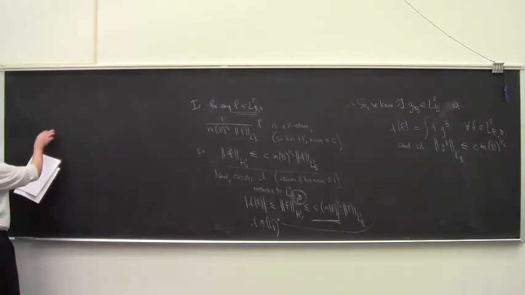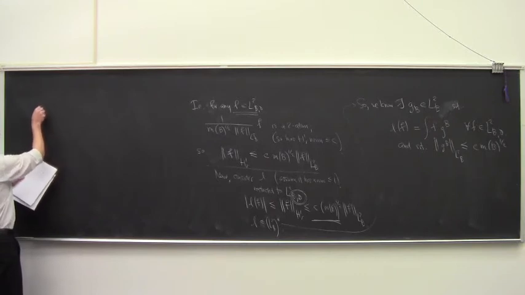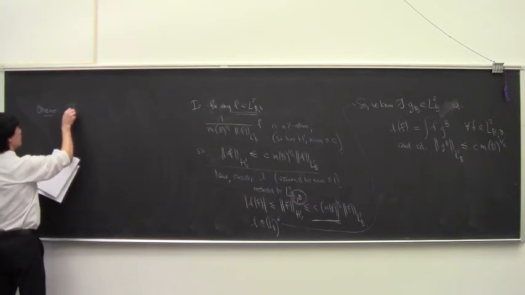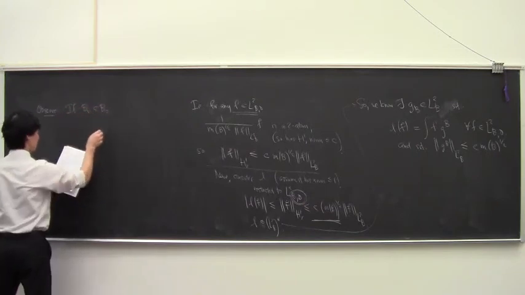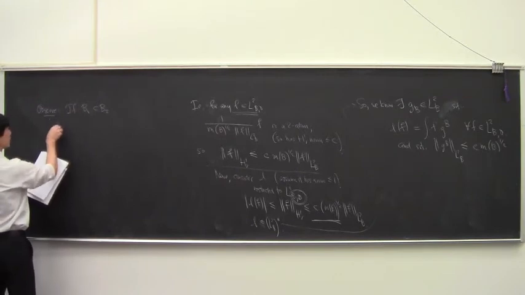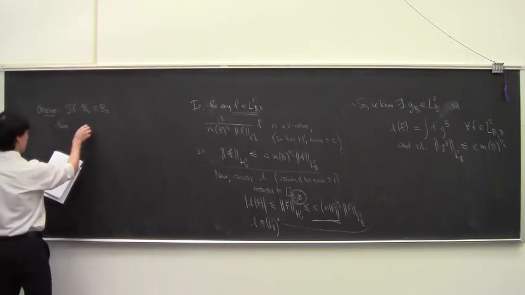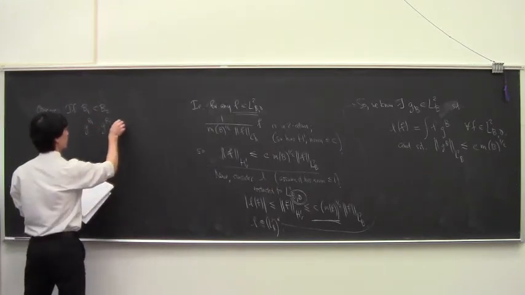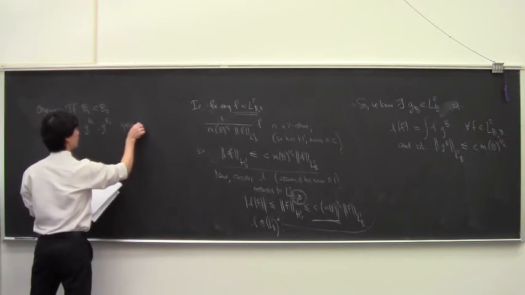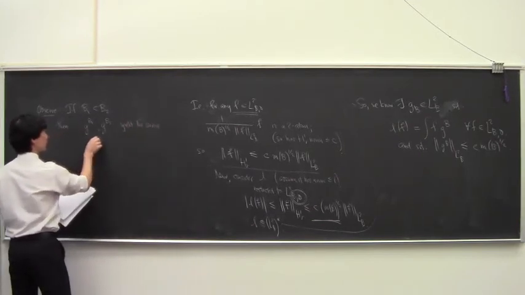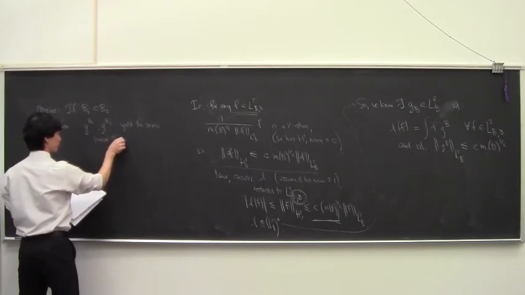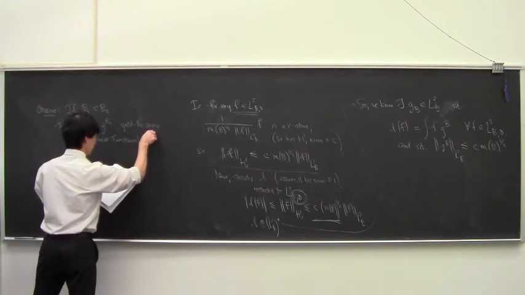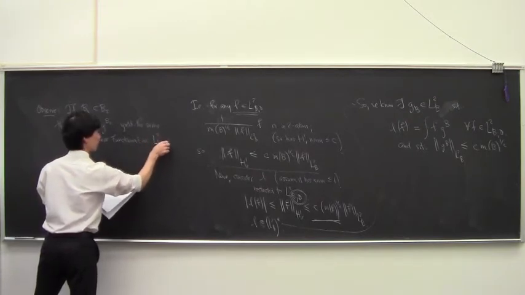Okay, so now observe that whenever you have one ball contained inside another ball, then G super B1 and G super B2 yield the same linear functional on L2B1,0.